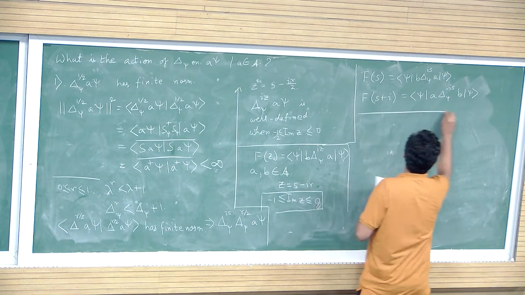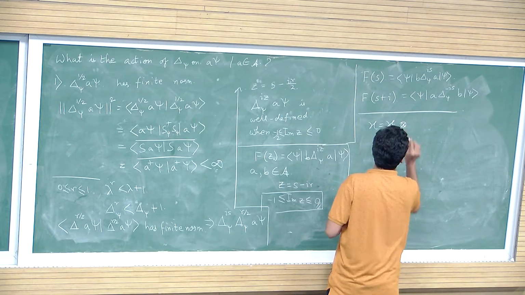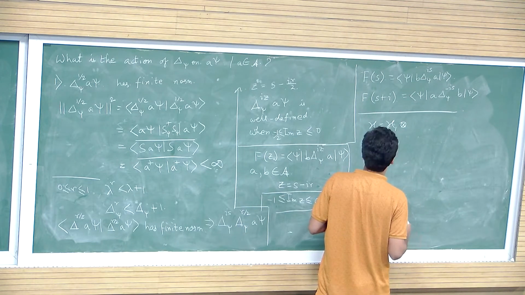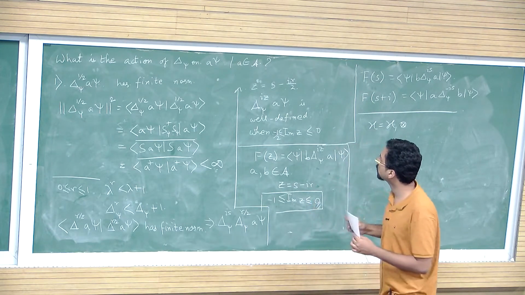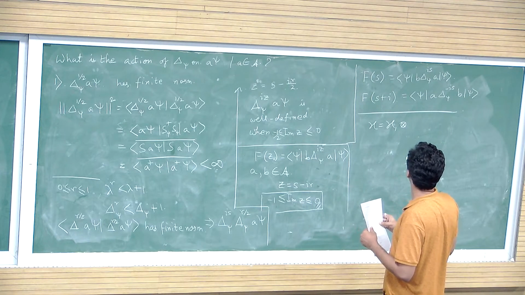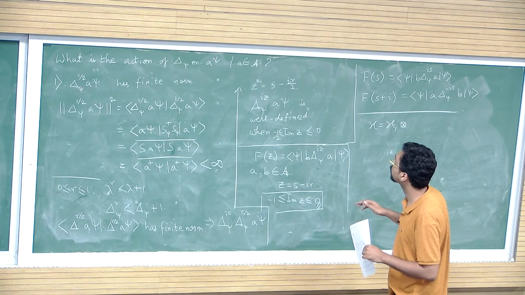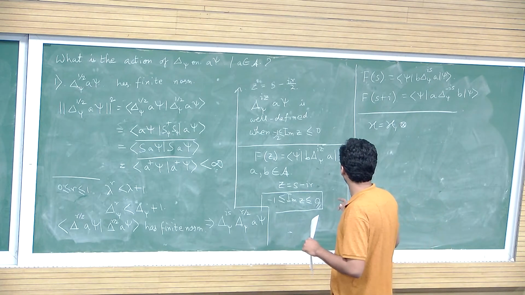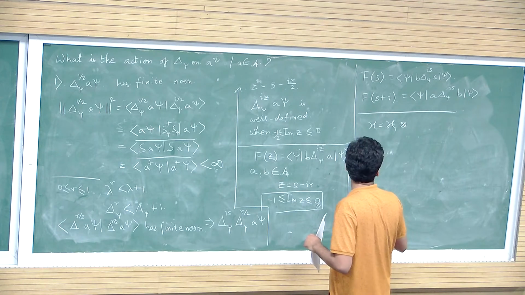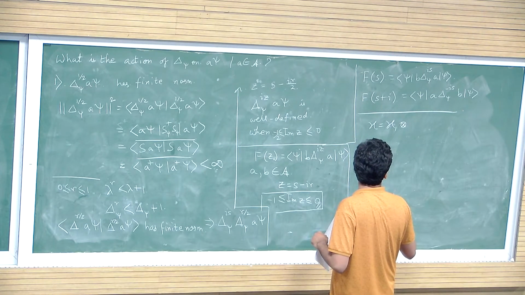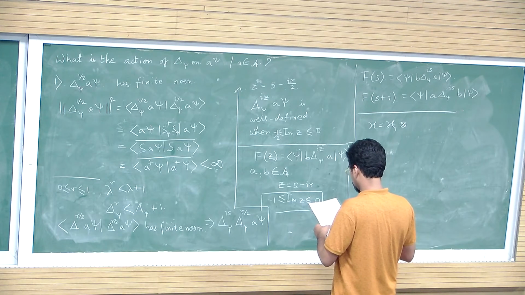Now, for a finite dimensional system, F is not really defined. Why? In the f of S plus I, A comes first, but in f of S, B came first.